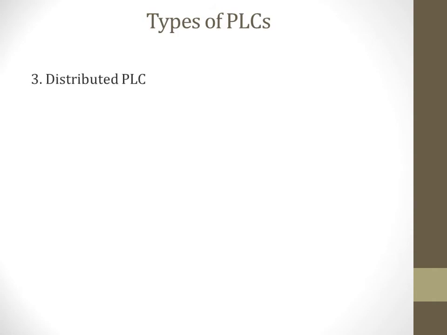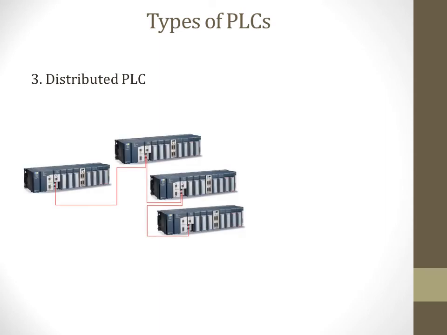So next type of PLC we call distributed PLC. This is the aggregation of several PLCs, more than one PLC, which we use for automation of a distributed and complex control object.